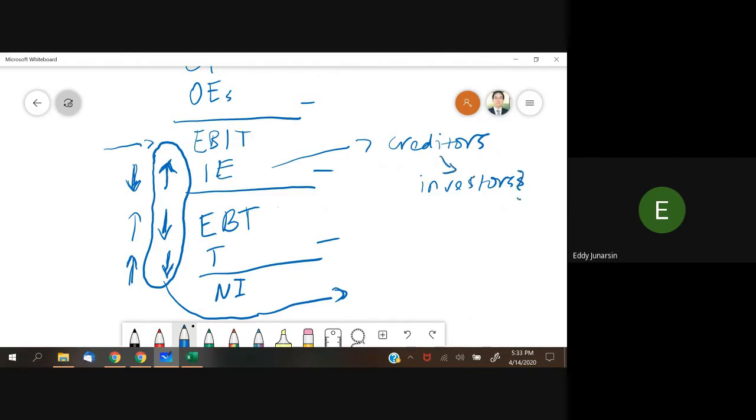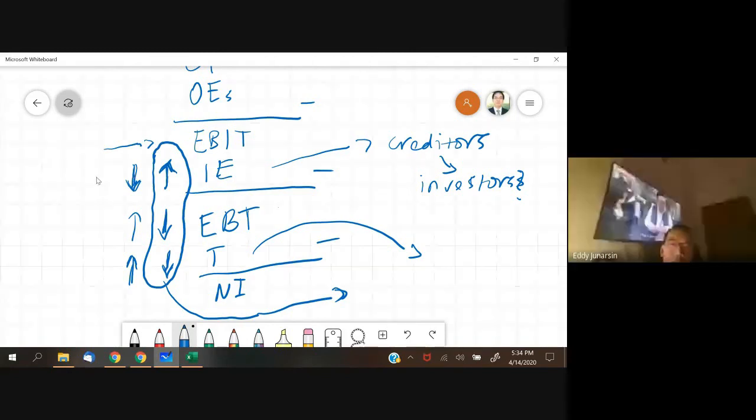The answer is yes, right? So interest expense is paid to creditors. The creditors are our investors. What about the tax payment? Tax payment is paid to the government, and the government is not our investor. So if we are to allocate the money to divide the spoils, then we have to prioritize our investors, right? This is, I think, the basic business philosophy, right?